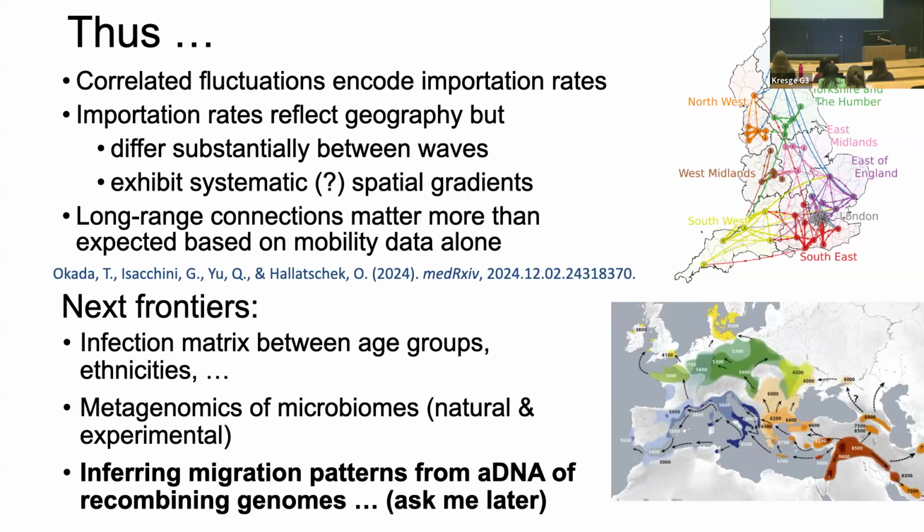Another thing we're working on is a completely different question, namely using ancient DNA to infer migration patterns going way back into the past. Of course, for ancient DNA of humans, we have way fewer samples than sequenced viruses in the case I've discussed. But with human genomes, recombination effectively unlinks different parts of the genome.